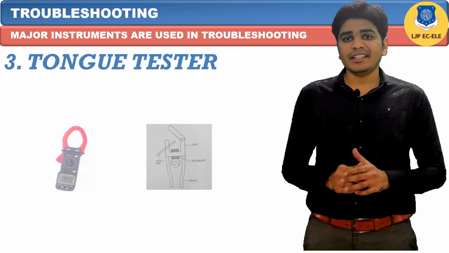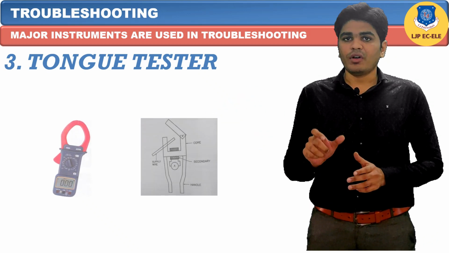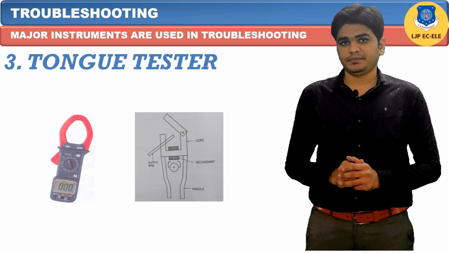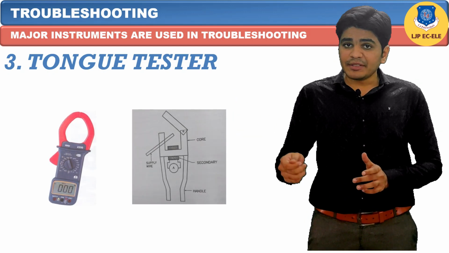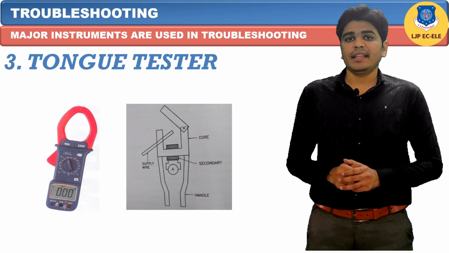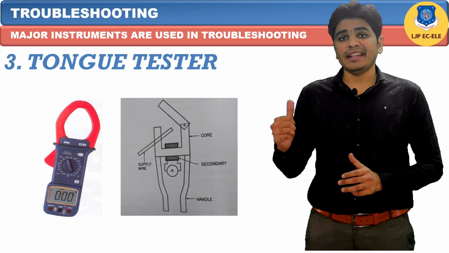You can see in its diagram there is a split core type transformer. One end of the core is opened by pressing the handle. Supply wire is passed through the core and the handle is released. Then the ammeter joined in the secondary winding measures and indicates the current.